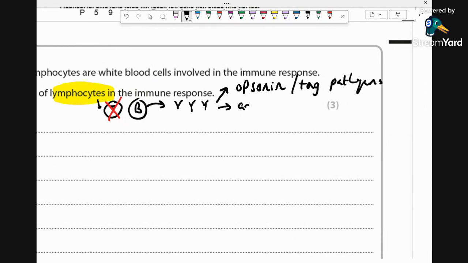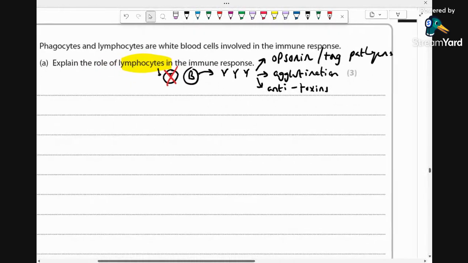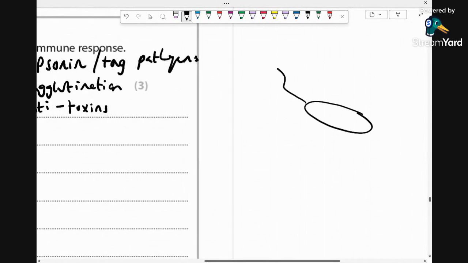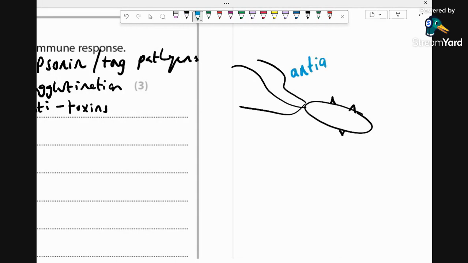They cause agglutination, and they can act as antitoxins. Okay, and they do all this because they bind to antigens on the surface of a bacterium or a pathogen. So if you have bacteria like this, the bacterium has antigens on its surface. So these are molecules that cause immune responses. So these are antigens. Any molecule, that's the definition, any molecule that causes an immune response.